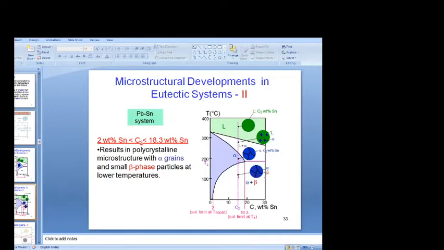So this is another kind of understanding of the microstructure development, the changes as the line crosses from one phase to another, creating a different kind of microstructure. As you can see here, point D is showing the proper liquid phase, and point E is showing the equilibrium liquid plus solid phase.